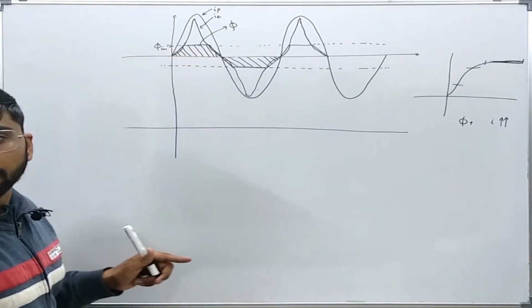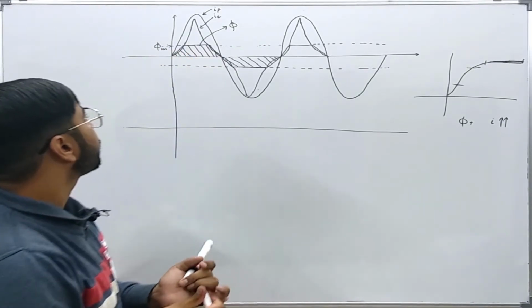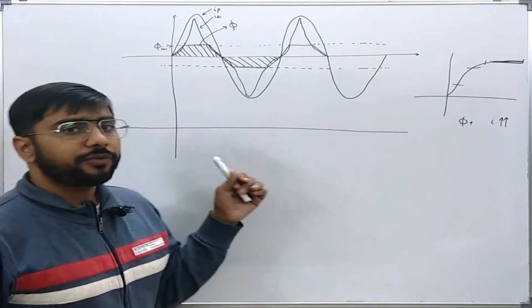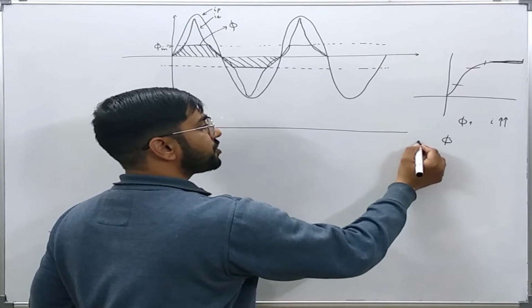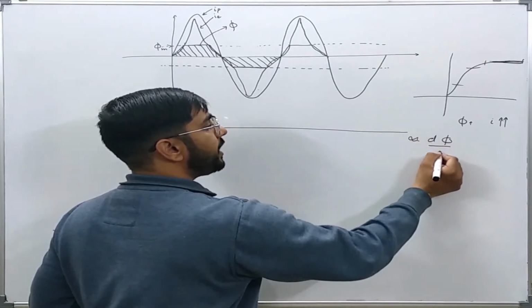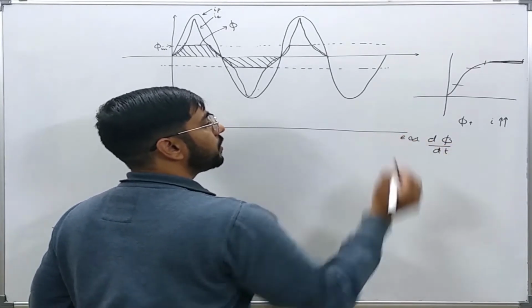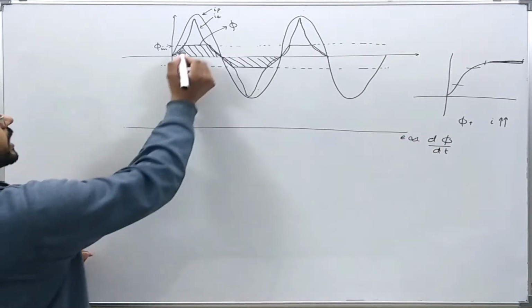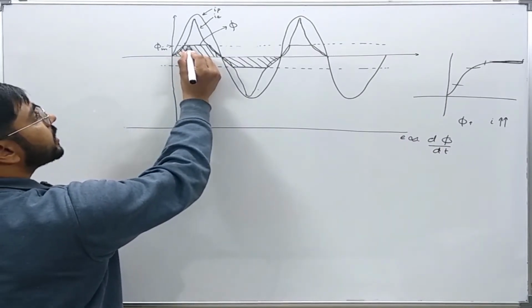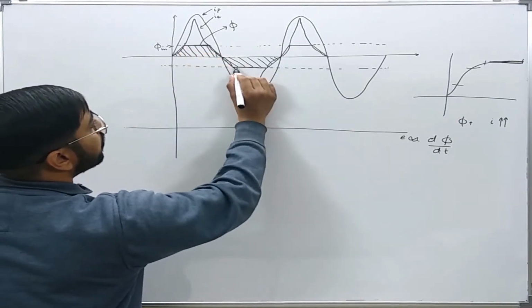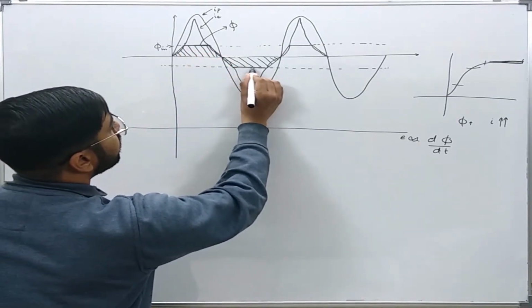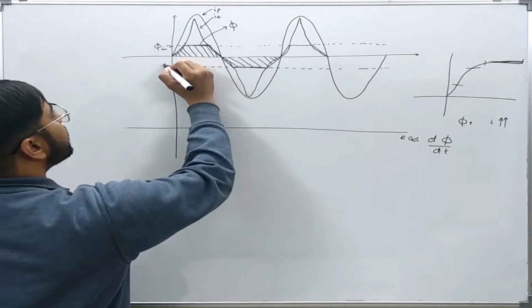Corresponding to this part. Now let us draw the waveform of the induced EMF. Induced EMF is proportional to d phi by dt. Here you can see that the differentiation will be zero on these parts. Differentiation will exist only during zero crossing.